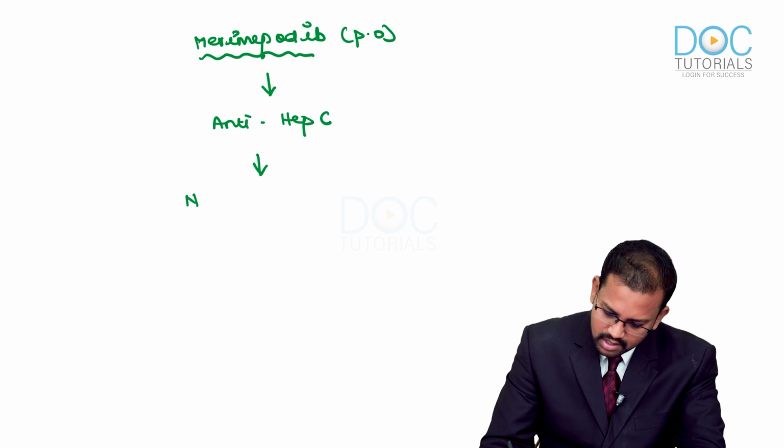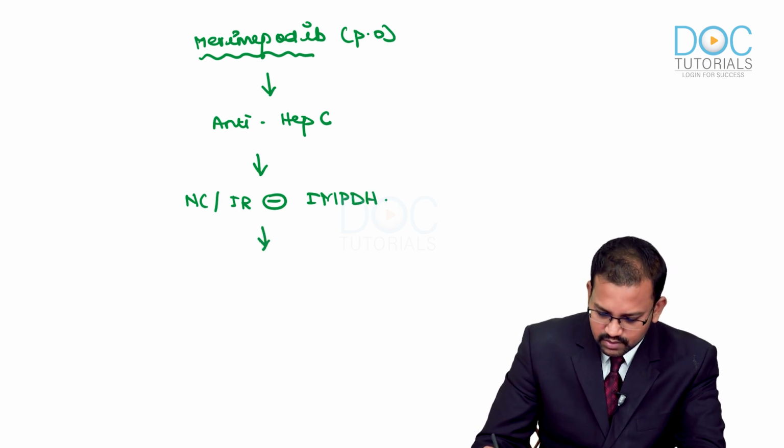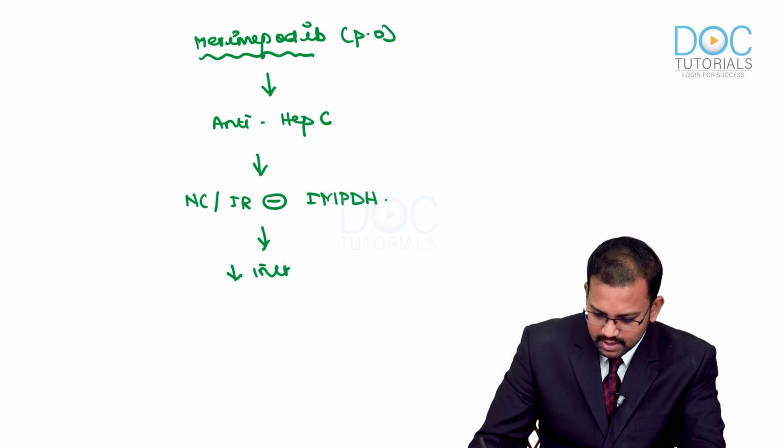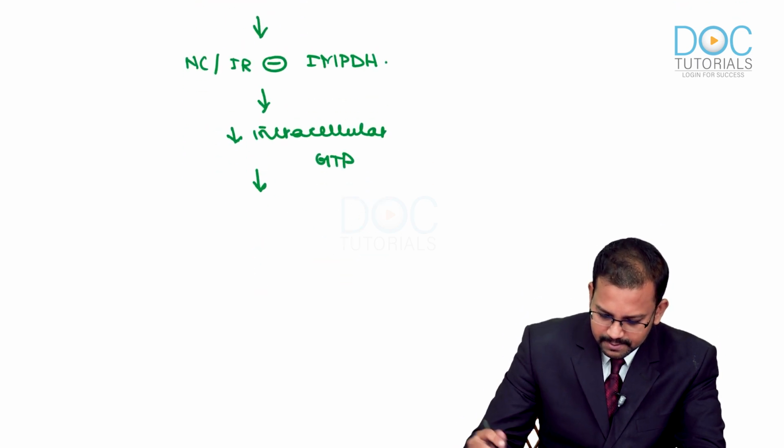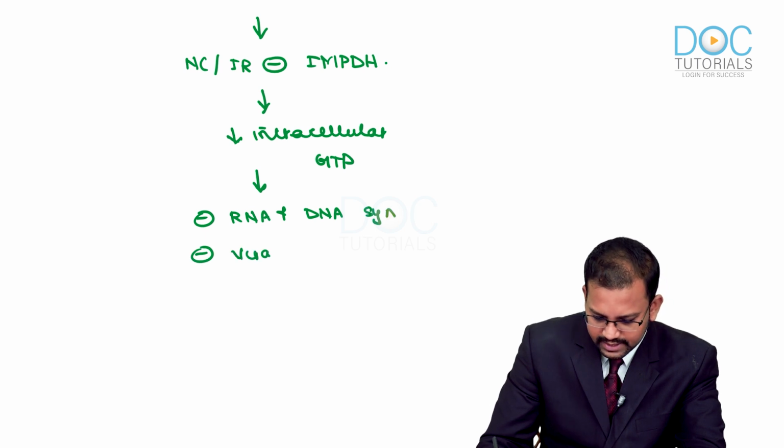This drug also is a non-competitive, irreversible inhibitor of inosine monophosphate dehydrogenase enzyme, and because of it there is going to be decreased intracellular GTP molecules, and because of it there is going to be blockade of RNA and DNA synthesis and blockade of viral replication.